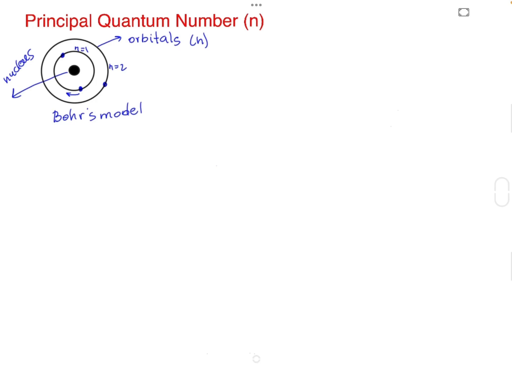The higher the value of n, the further the electron is on average from the nucleus, and the higher its energy. It's much like a Bohr's orbit, as I mentioned, where n equal to 1 is the first shell, n equal to 2 is the second, and so on. Each n value defines a main layer or shell that can hold electrons at specific energy.